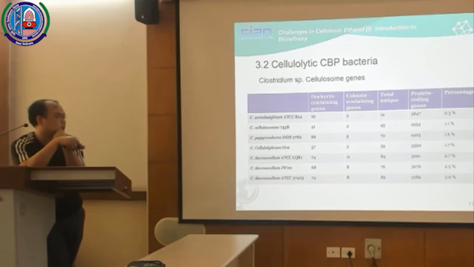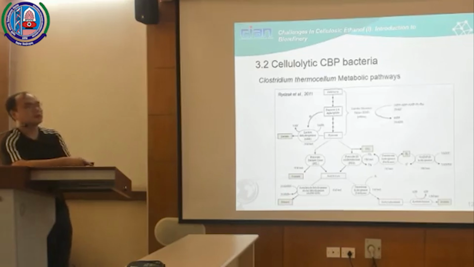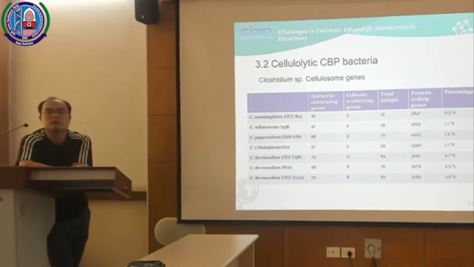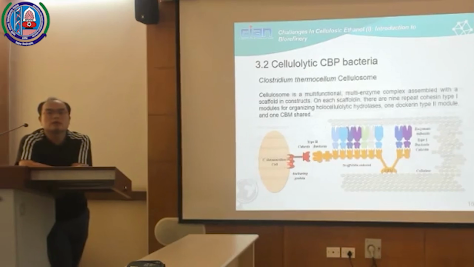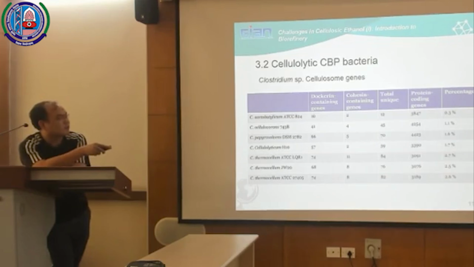The cellulosome must be a protein complex consisting of many different enzymes, derived from different genes. So this is a complex. But these two genes are for the dockerin and the cohesin.